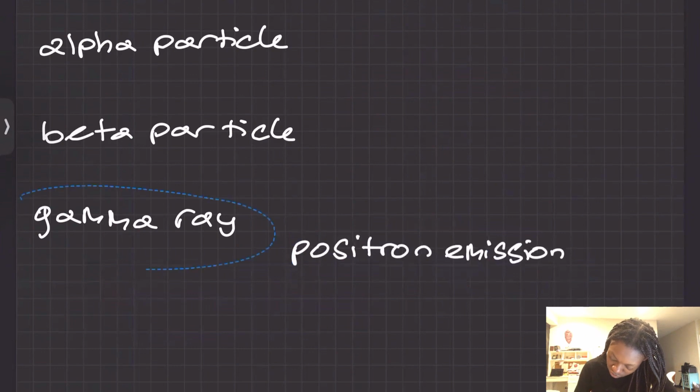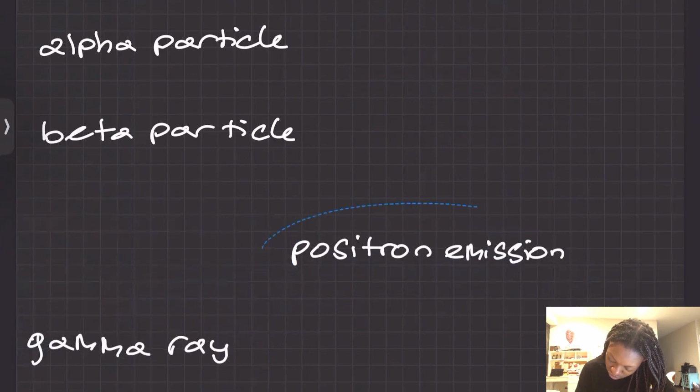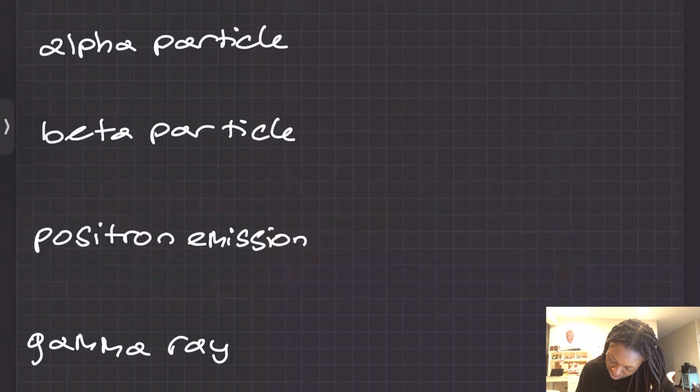Actually, I'm going to switch the order of these two, since the positron emission and the beta particle are super similar, so it's good to talk about them next to each other. So let's start with the alpha particle.